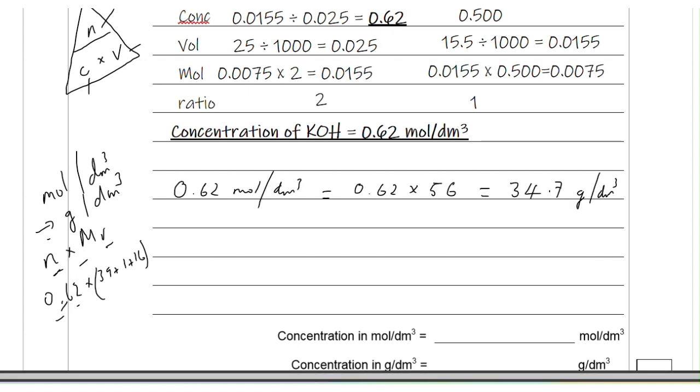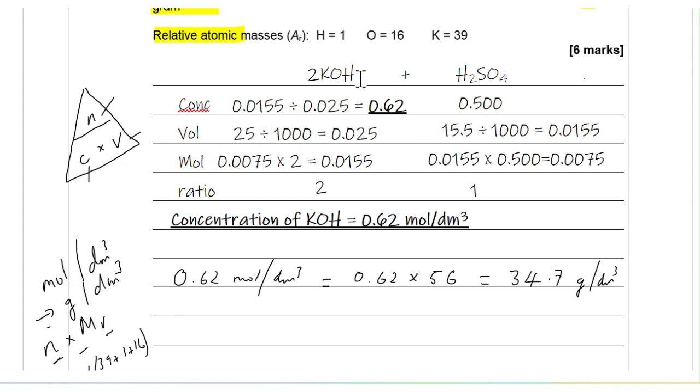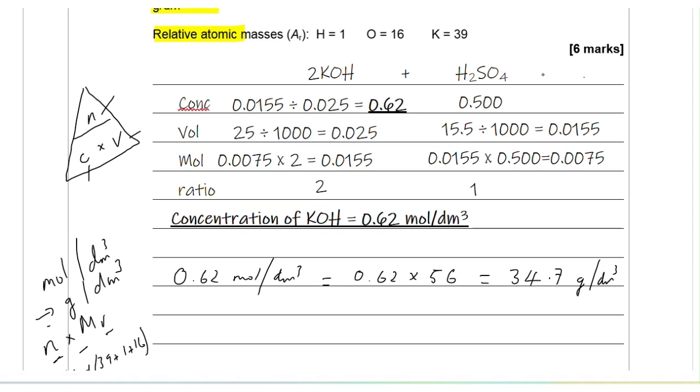So 0.62 times 56, 34.7 grams per decimetre cubed. 1 mark for calculating the MR of potassium hydroxide, 1 mark for the sum and final answer. 6 marks.